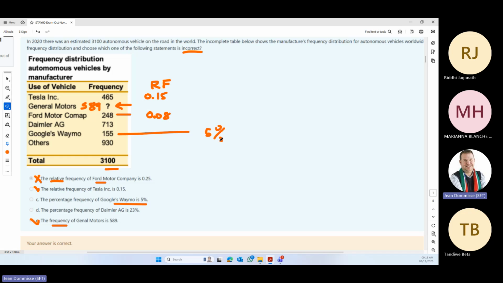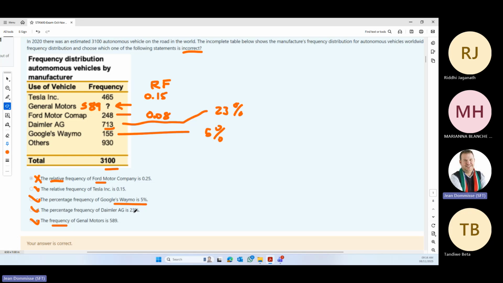That is 5%. And Daimler: 713 divided by 3,100 gives us 0.23. So if we multiply that by 100, we get 23%, which is also correct. So this one is basically looking at frequency, relative frequency, and percentage of frequency.